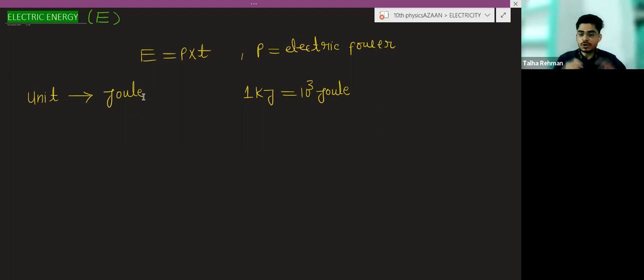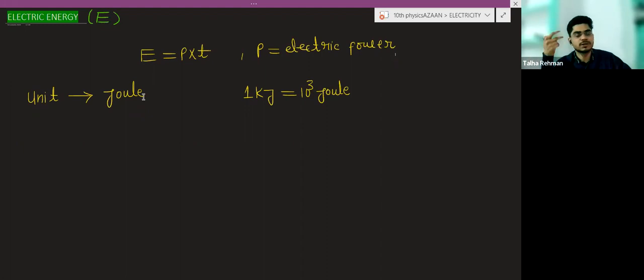We use a large amount of energy. Suppose a heater is placed here, that heater is taking 800 watt of power, and if I multiply that power with time, I will get a large amount of energy.